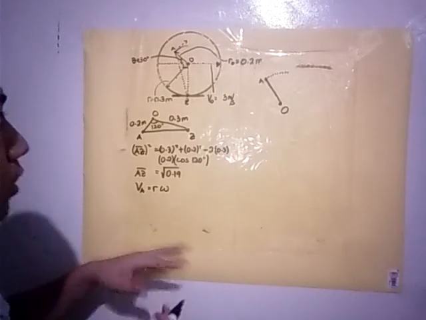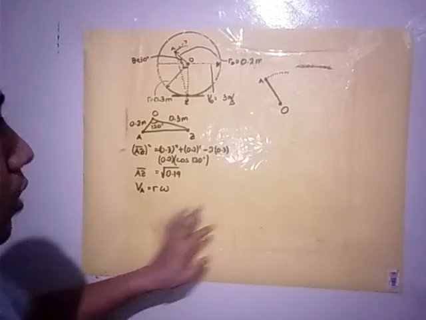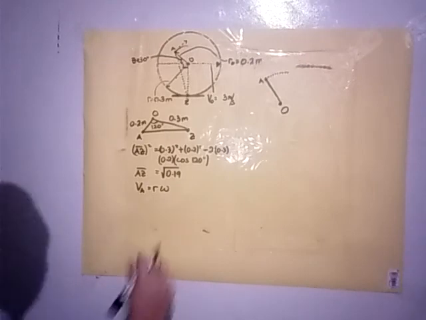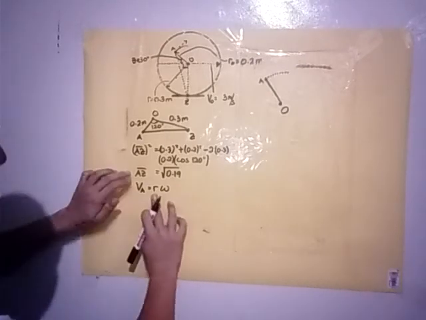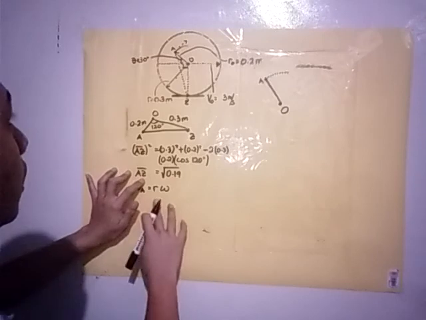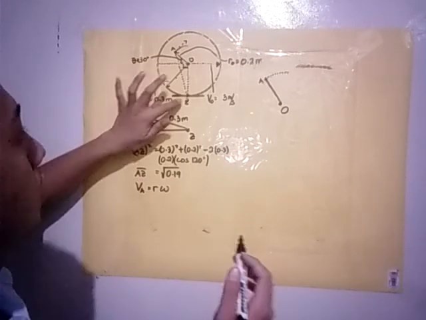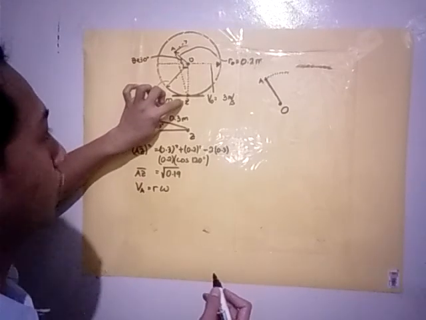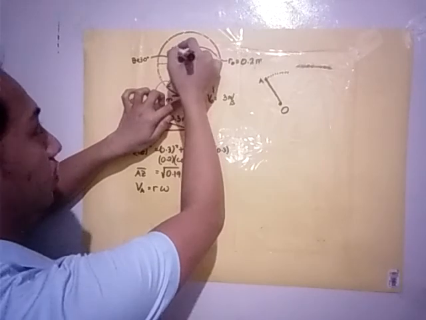We don't have the angular velocity yet, and we will calculate it later. But first, our R is equal to line AZ, right?